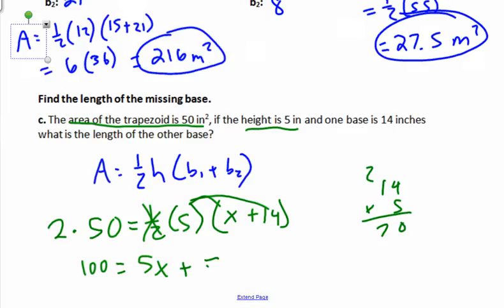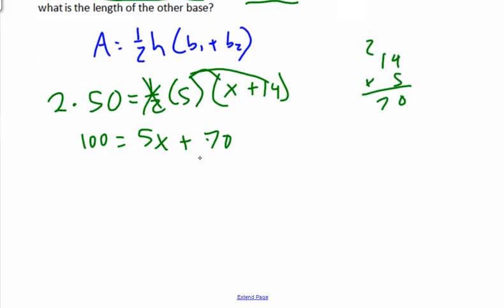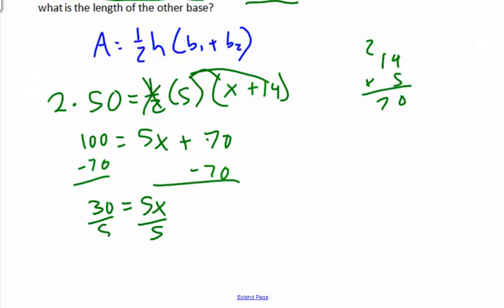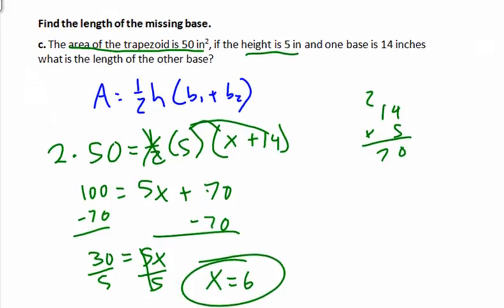Should have known that. Plus 70. And then simply solve for x. Minus 70 from both sides. 30 equals 5x. Divide both sides by 5. Hopefully you get x is equal to 6. So that's the missing base. The missing base is 6. So just using that formula.